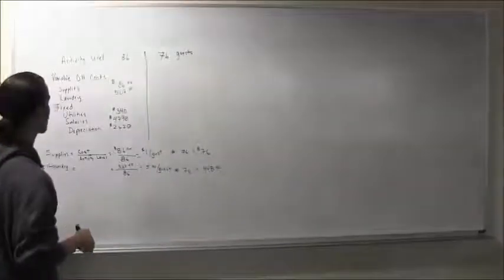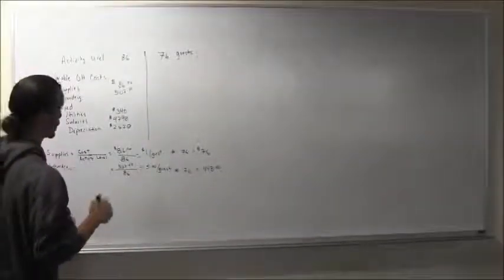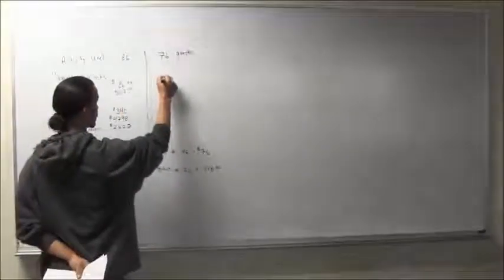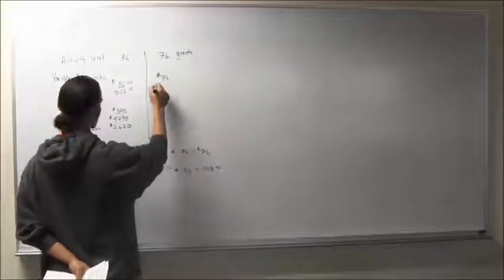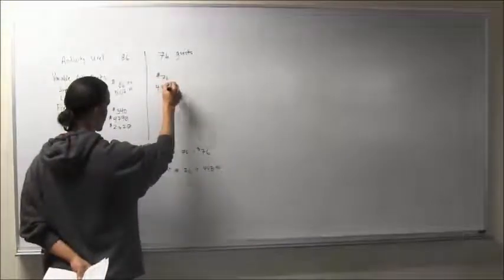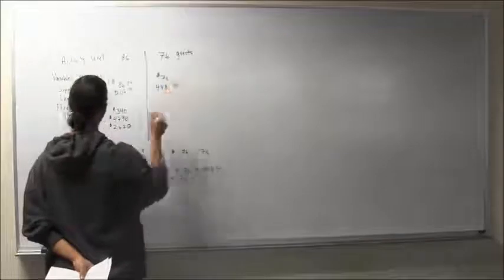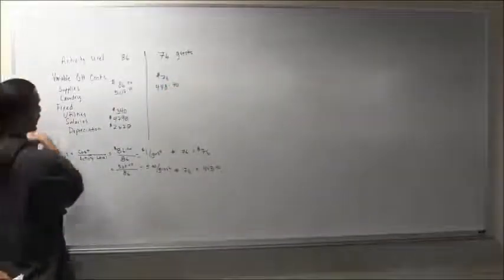Okay. And those are our variable costs, and those are the ones that change. So here, this is going to be $76. Here, the laundry is going to be $448.40.